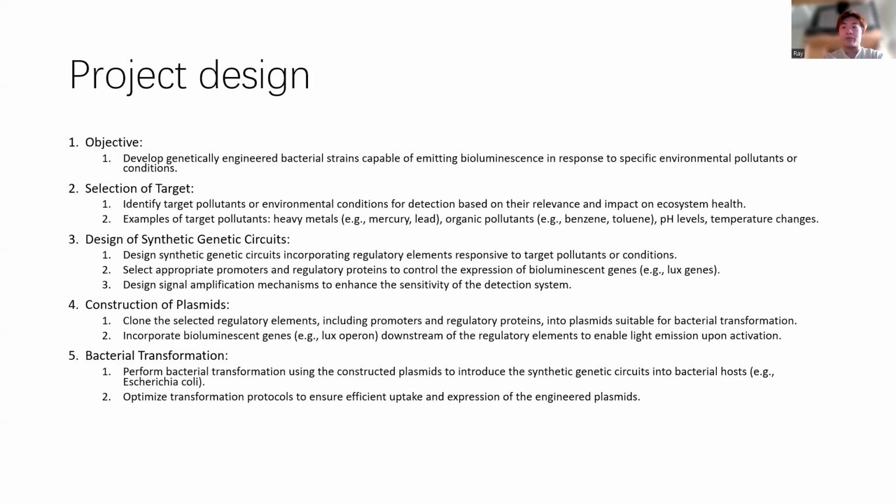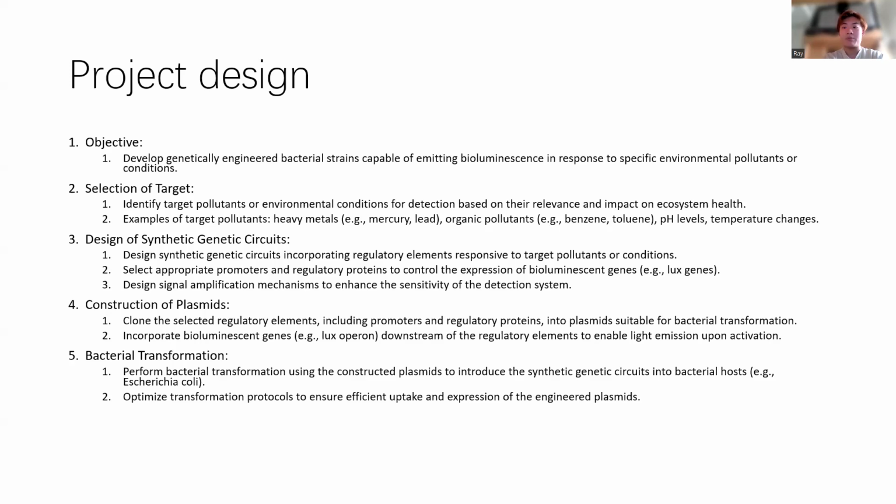By leveraging the principles of bacterial transformation, we're designing synthetic genetic circuits that integrate regulatory elements responsive to target stimuli, such as heavy metals or pH changes, to control the expression of bioluminescent genes, harnessing the inherent sensitivity of bioluminescence to environmental cues.